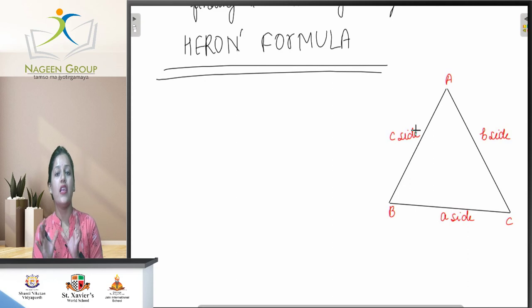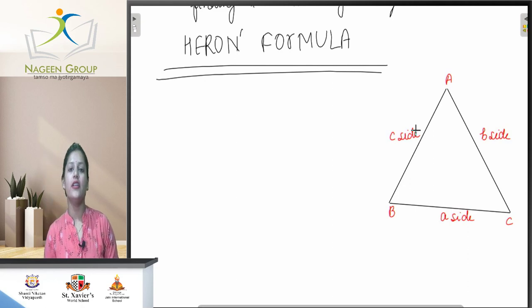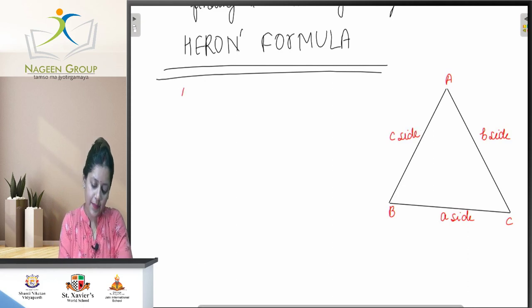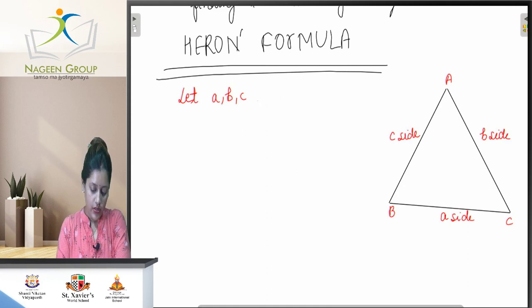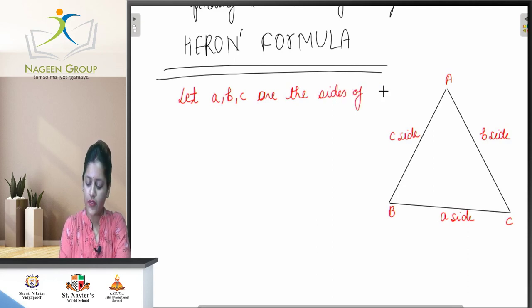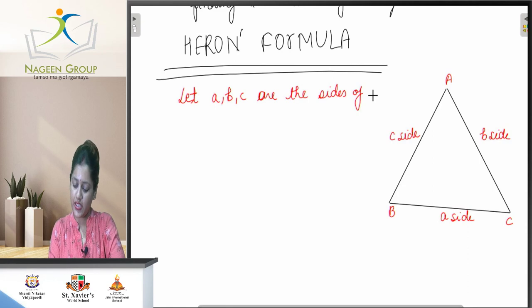This means the lengths of the sides are mentioned in small letters, while the corners of the triangle are mentioned in capital letters. So let a, b, c, the small letters, be the sides of the triangle whose sides are given.